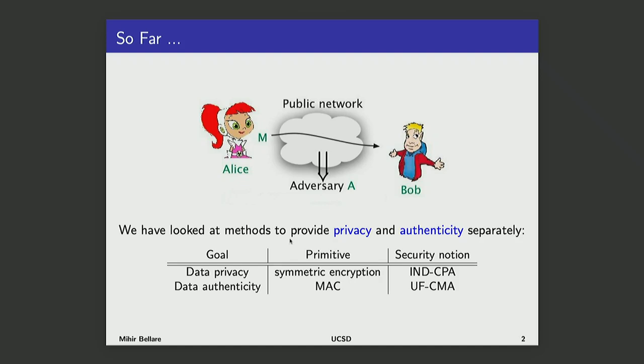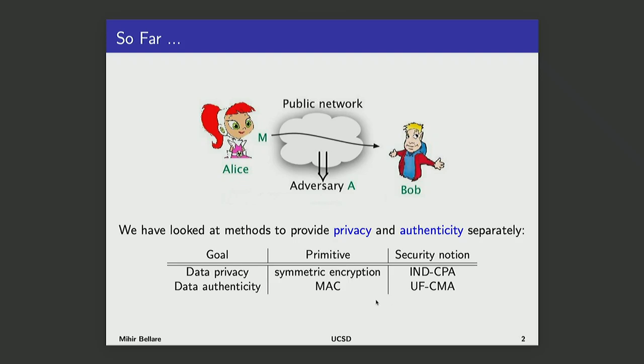And then we turned to look at data authenticity, where the goal is that the receiver should be convinced that the message they received was actually sent by Alice, not someone else, and wasn't changed along the way. And for that we gave a different primitive called message authentication codes, and it also came with its security goal, unforgeability under chosen message attack.